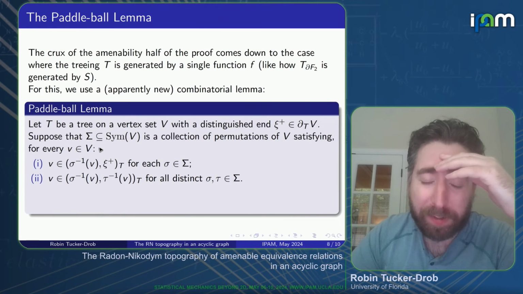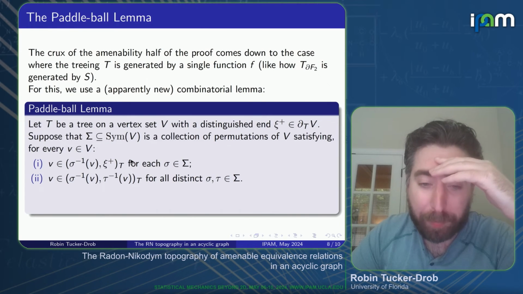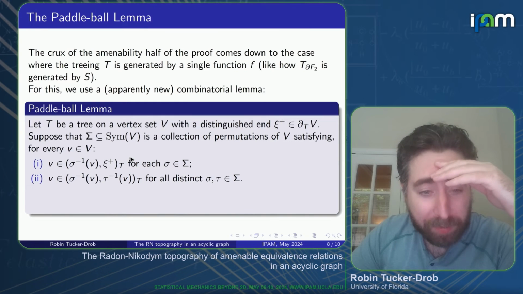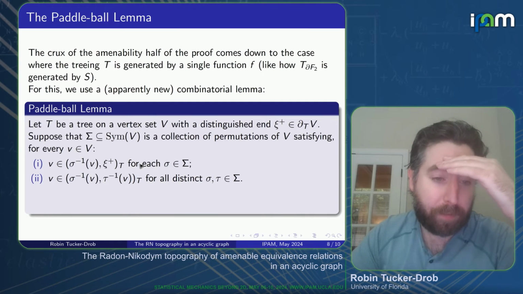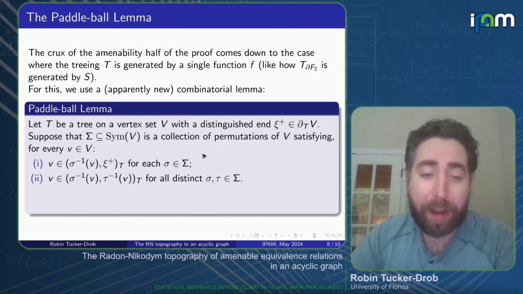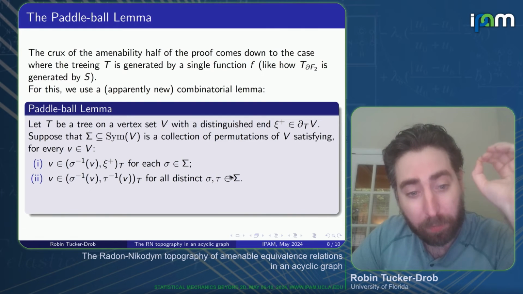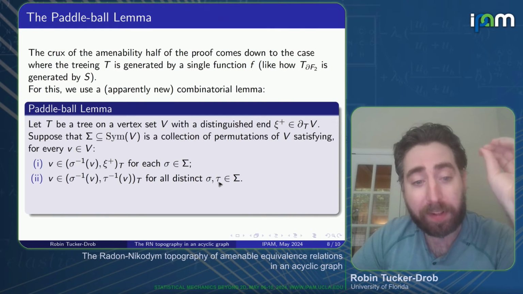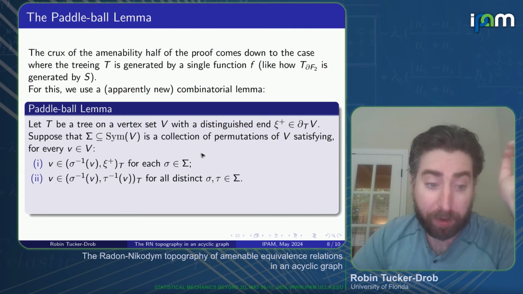So for every vertex, we have this geometry. Each element of sigma is moving every vertex towards the distinguished end, the inverses are moving them away, and for distinct sigmas and taus, their inverses are moving away in different directions.